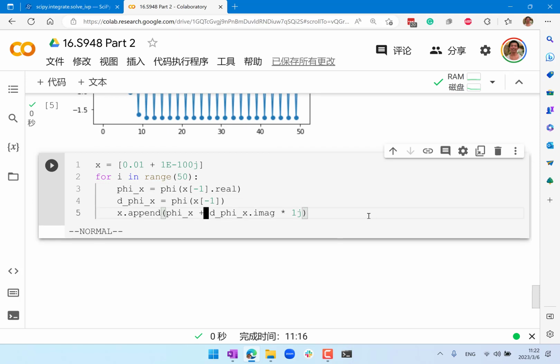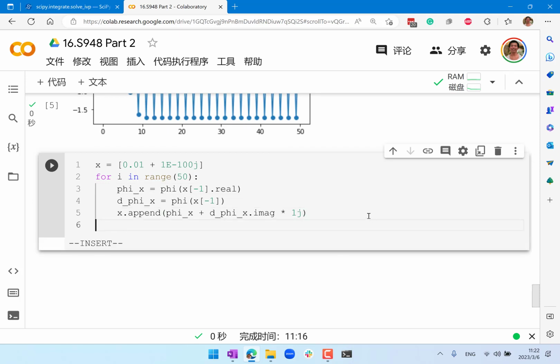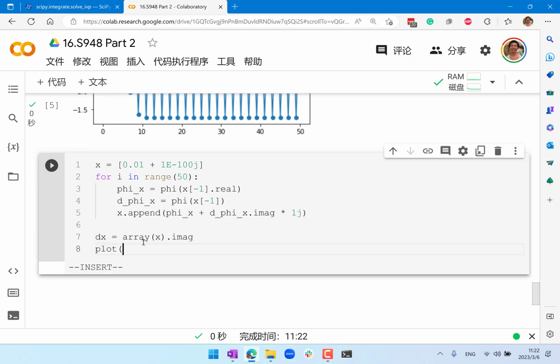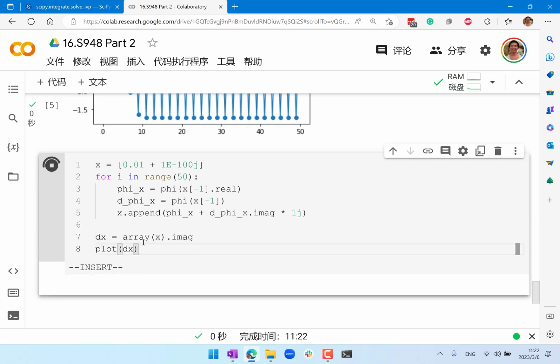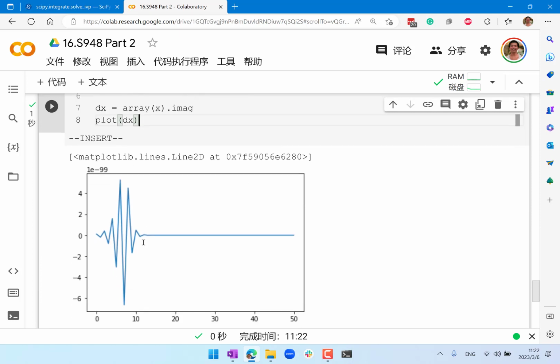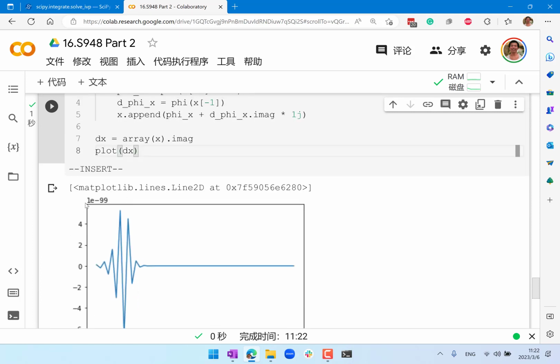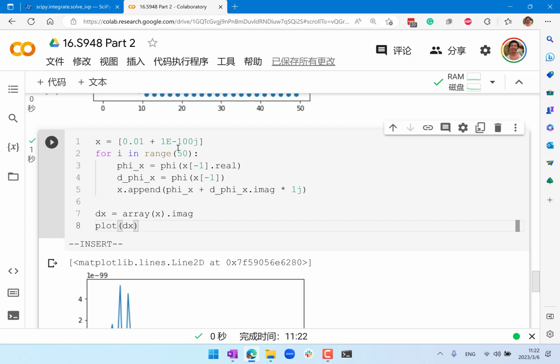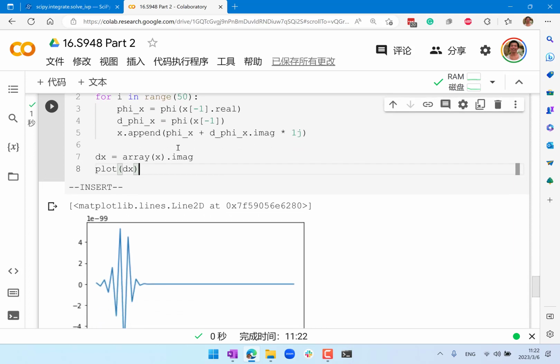All right. So now let's actually figure out. Let's make X an array and take the imaginary component. So dx would be equal to that, and let's plot what dx is like. First of all, the magnitude of dx is roughly 10 to the minus 99, or 10 to the minus 100, because that's how I perturbed it in the beginning.